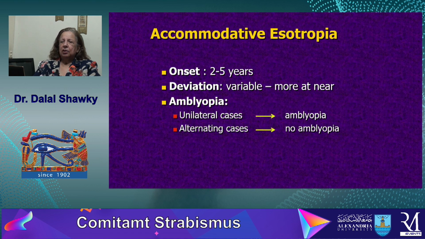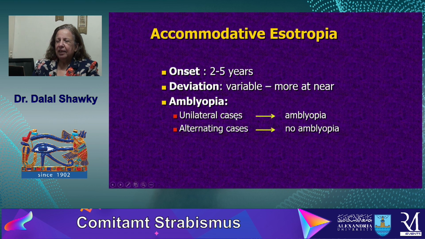It occurs at the age where accommodation starts to be used, so at school age from 2 to 5 years, not in infancy. The deviation is variable, more at near. Amblyopia can occur in unilateral cases, but in alternating cases, no amblyopia.